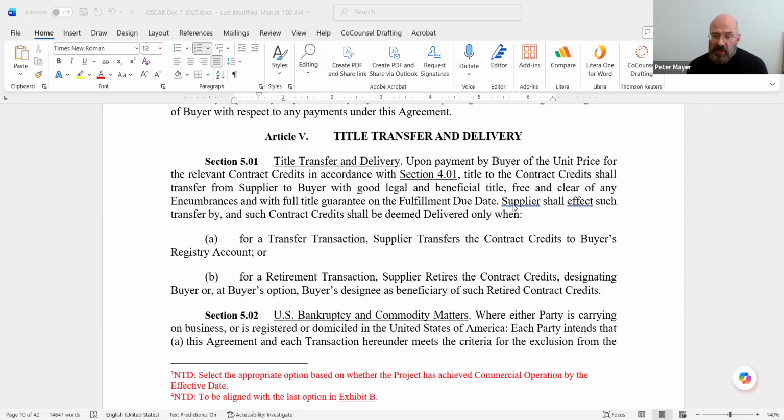There's a distinction to be made between transfer transactions, when the credits are being transferred from one registry to another, and a retirement transaction, which typically occurs when the supplier retires the credits, takes them out of circulation, either on behalf of the buyer or sometimes on behalf of a third party designated by the buyer.